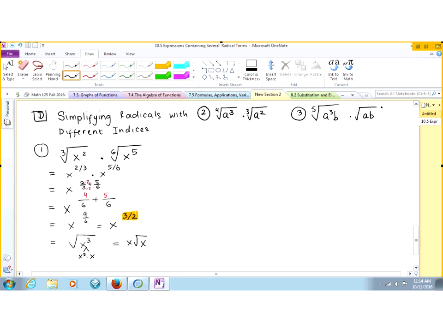Okay, so 9 plus 8 is 30. Oh, you forgot everything. So this is all multiplied, right?